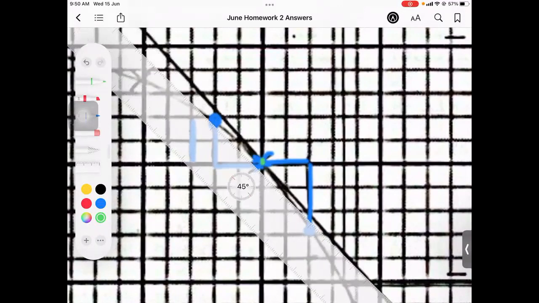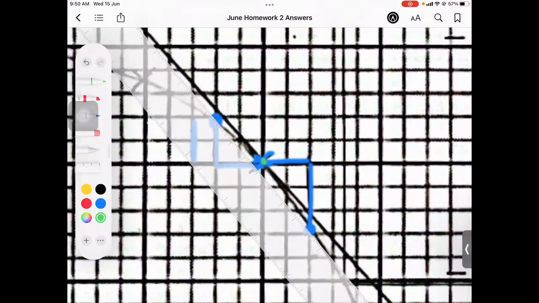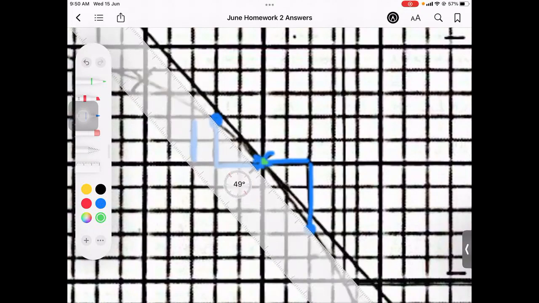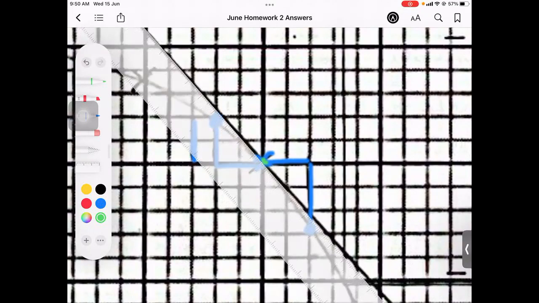Oops, not very accurate. So I shift up all the way until it touches my pencil. And then draw the line. Oh, my line is not very accurate, depending on how I drew it. Okay, then I draw my tangent line.